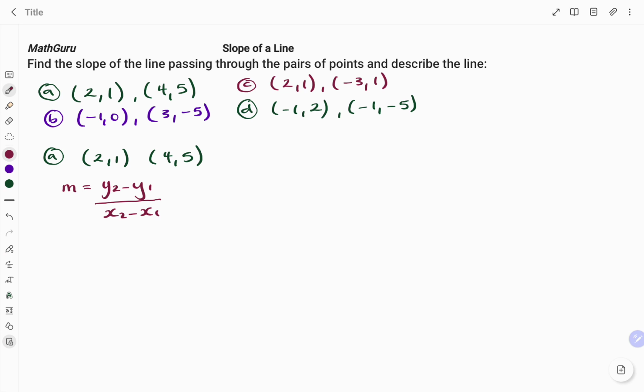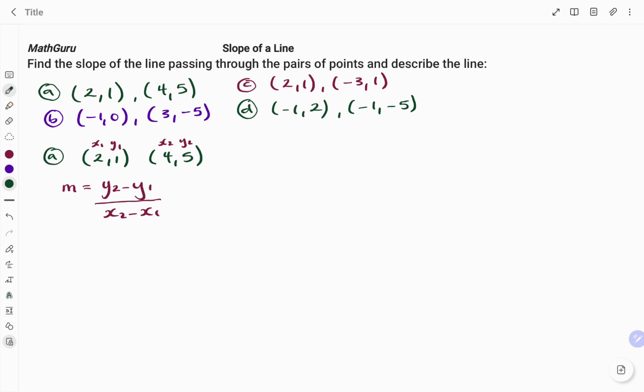To start, I'm going to tag my points. So I have x1 and y1. Always take note that your x1 and y1 are from one ordered pair, and your x2 and y2 are from the second ordered pair.